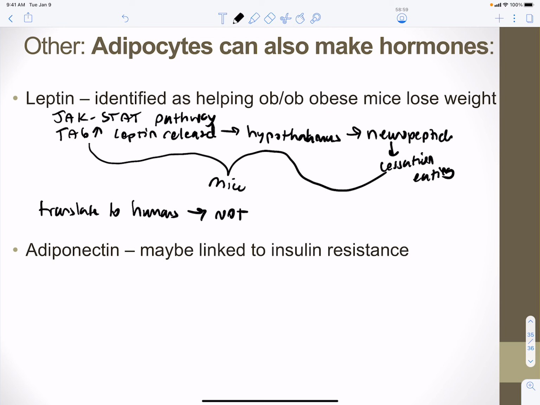When you give leptin to obese patients, it doesn't have the same effect. However, if you do give leptin to leptin deficient patients, this does induce weight loss. It's just that you cannot use this to treat obesity. It's thought to be due to, again, similar to a type 2 diabetic where you'll have insulin insensitivity. It's thought to be due to an insensitivity of the leptin receptors due to overstimulation.